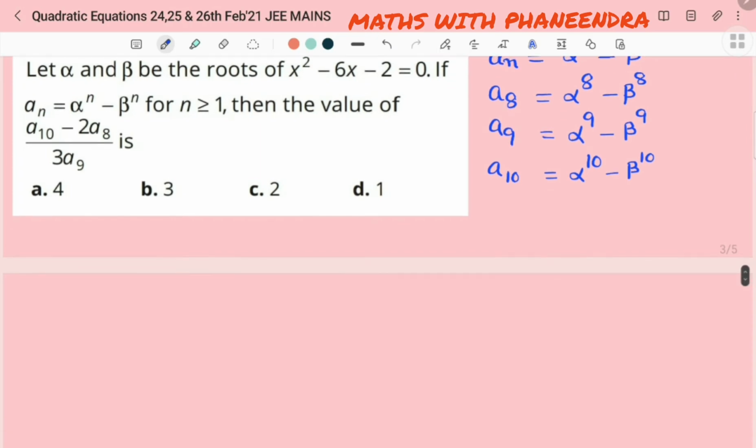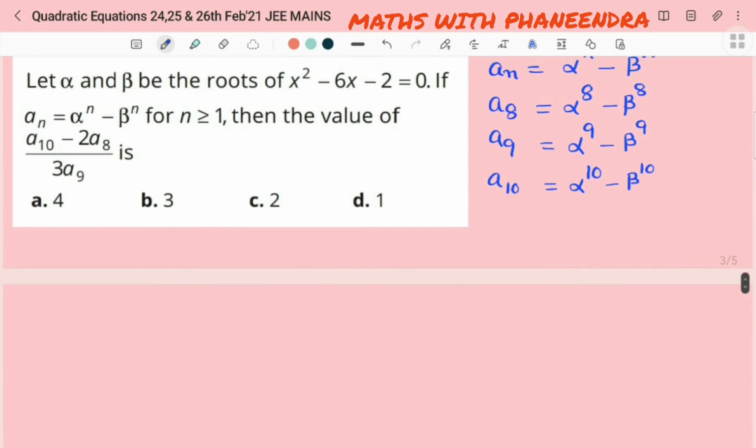Now alpha comma beta both are the roots of this equation. No? Alpha comma beta are the roots of x square minus 6x minus 2 equal to 0. Whenever alpha is the root of this quadratic equation, it satisfies that equation.